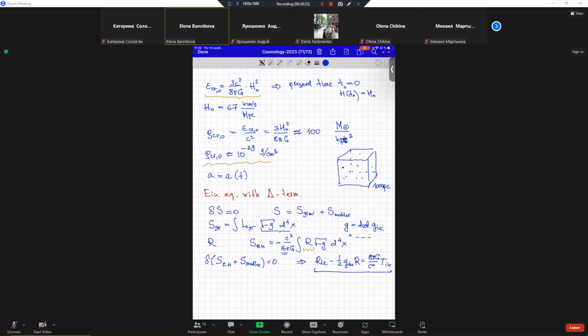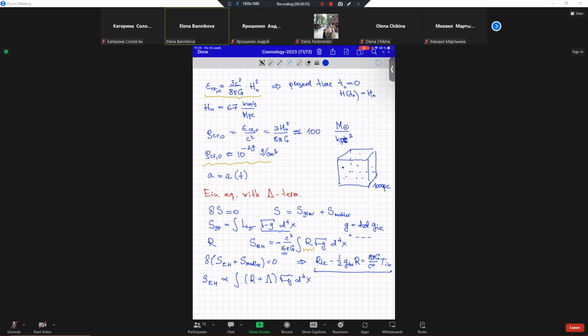And we can consider the possibility that, how is it better to write, okay, I will write like this. The Einstein-Hilbert action is proportional to, I don't want to write the constant of integral, R plus lambda, some constant, times square root of minus g, d^4x.